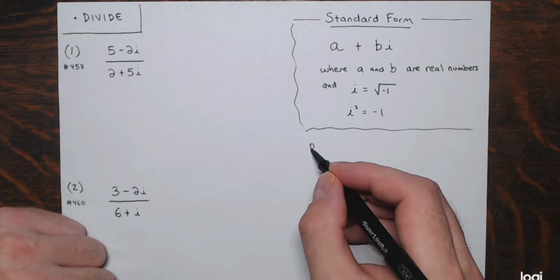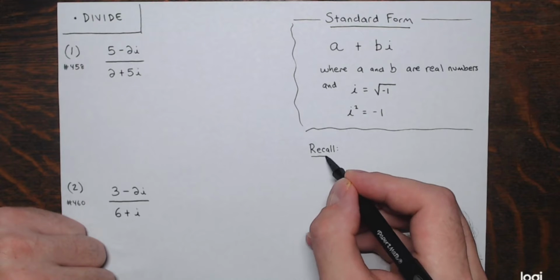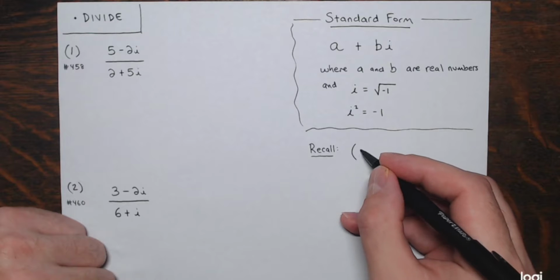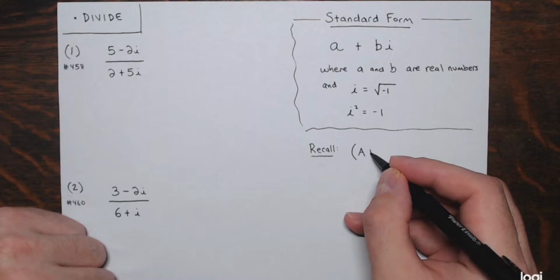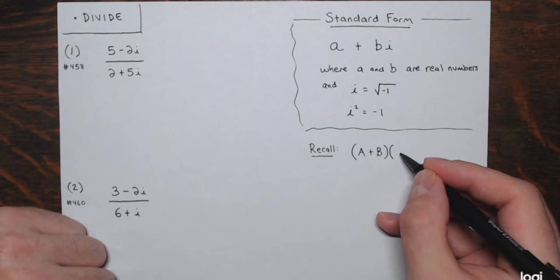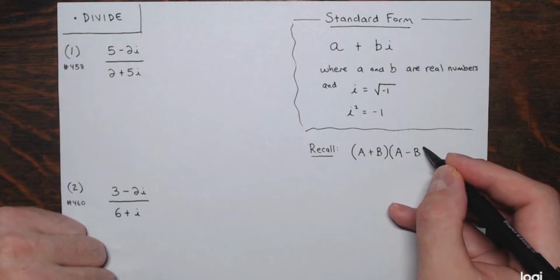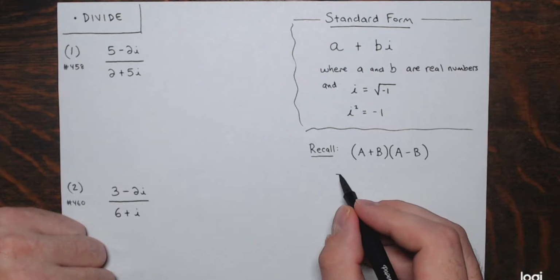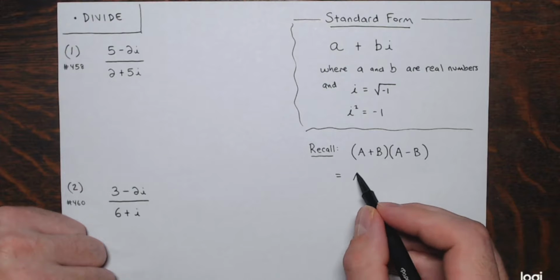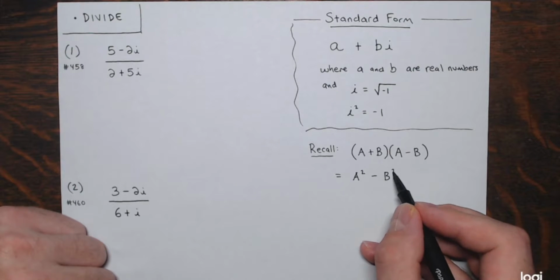Something else I'm hoping you recall from previous videos is that when you multiply conjugates, take a plus b, multiply it by its conjugate, a minus b, you end up with a difference of squares, a squared minus b squared.